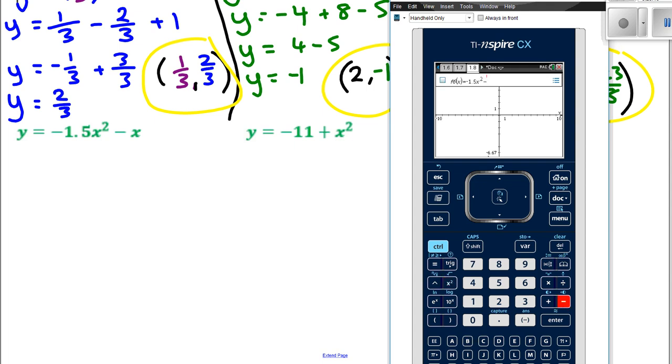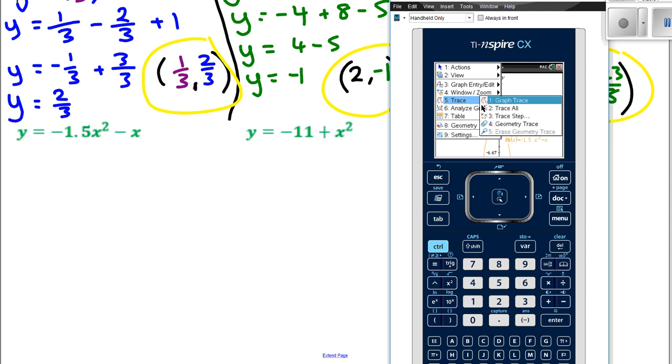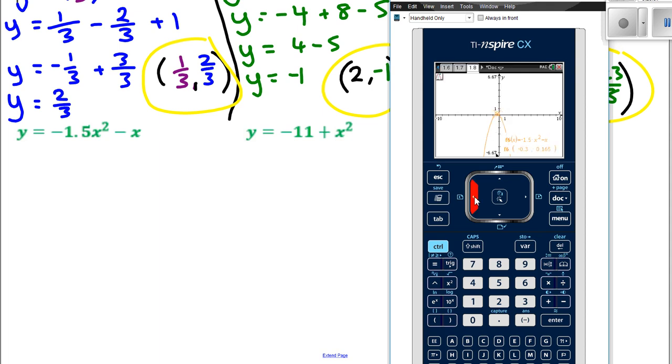Enter. And it's a maximum this time because it's at the top. Menu, trace, graph trace, arrow left. Oh, no, it's there. Maximum. Already found it. It's at negative a third, and that's positive 1/6.